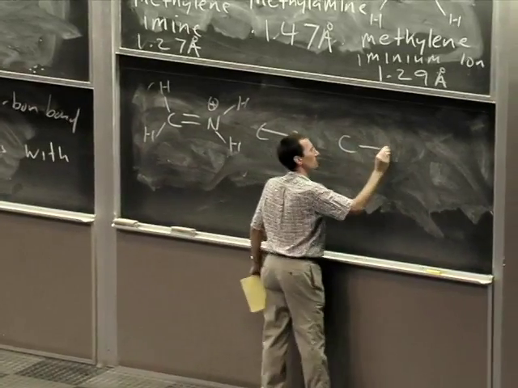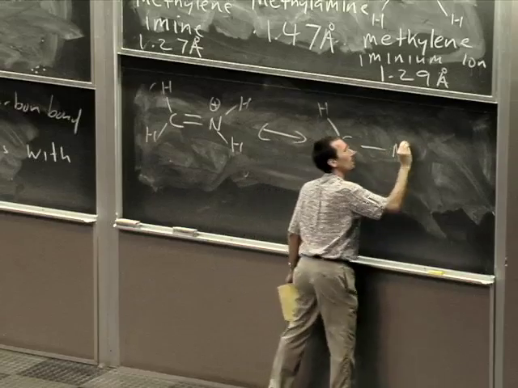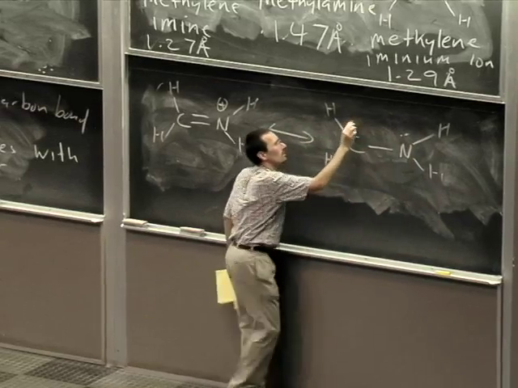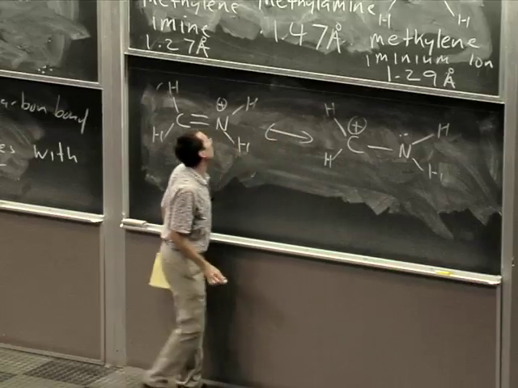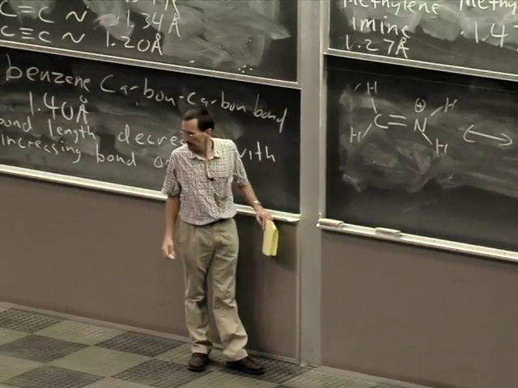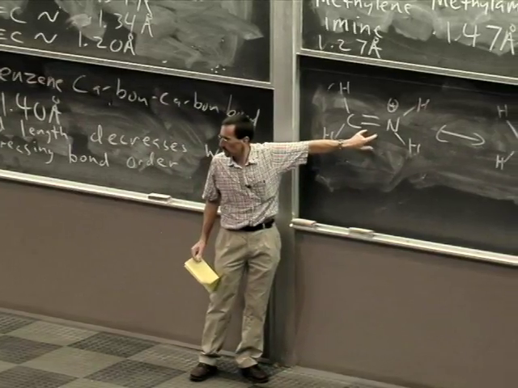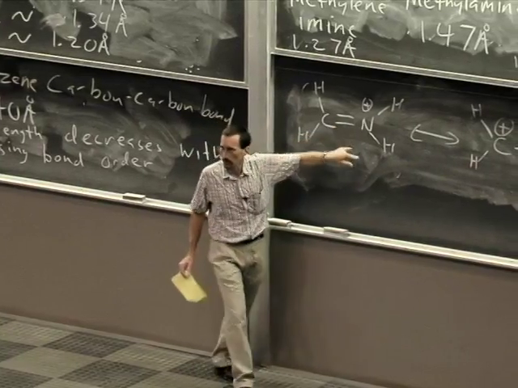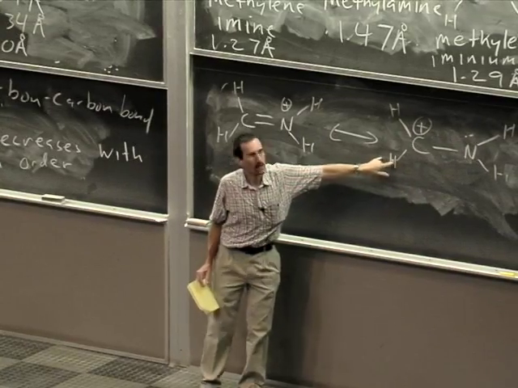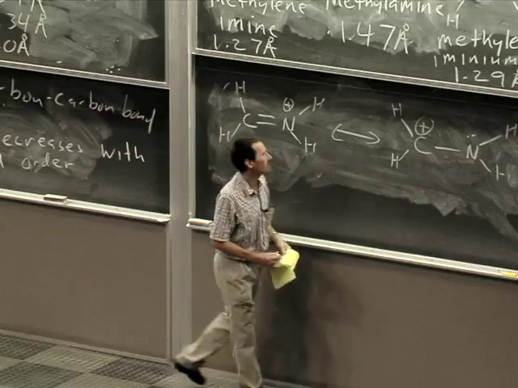The second resonance structure with a positive charge on carbon and an incomplete octet. This resonance structure, you'd expect to have double bond character. This resonance structure, you'd expect to have single bond character. And we're a lot closer to a double bond than to a single bond in length.